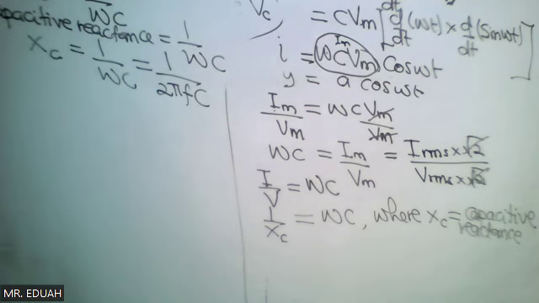So the capacitive reactance. Let's start from resistance. Resistance is the opposition to the flow of current by a resistor.